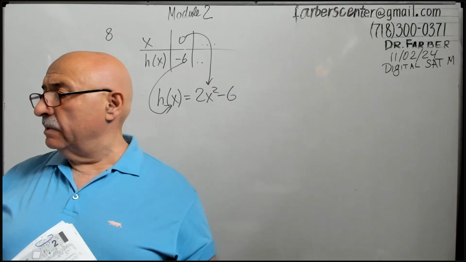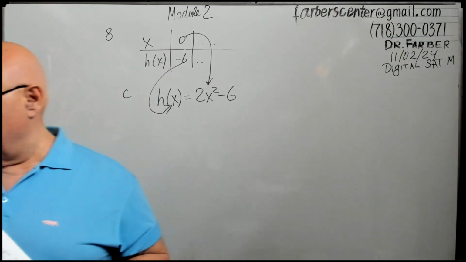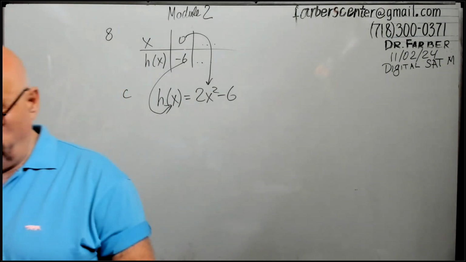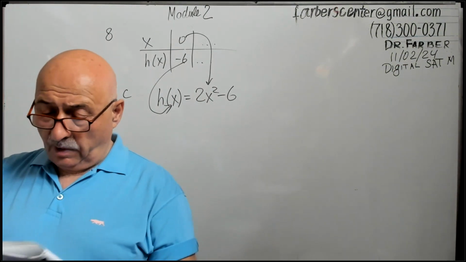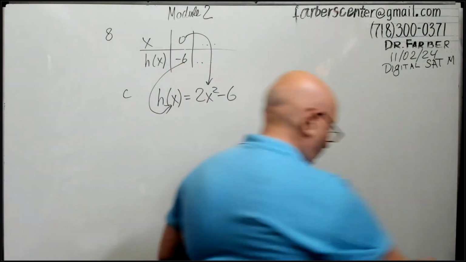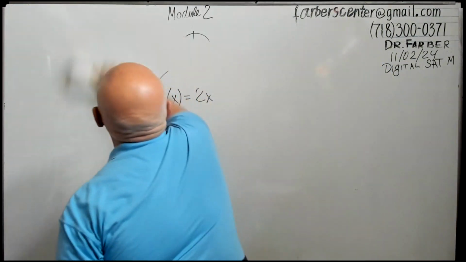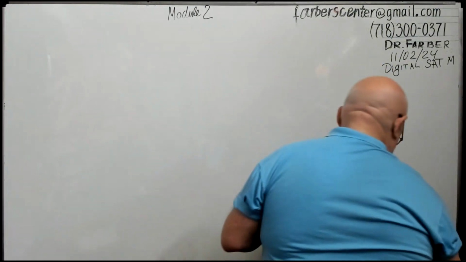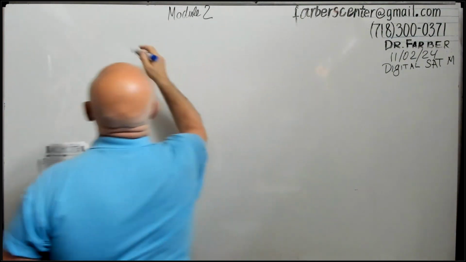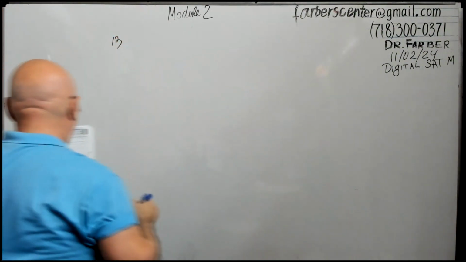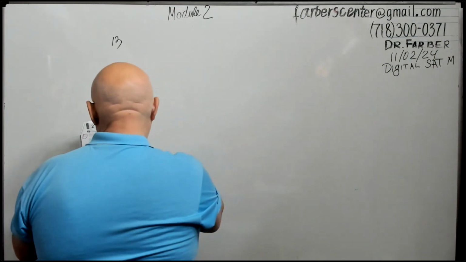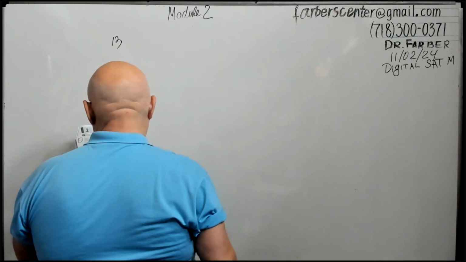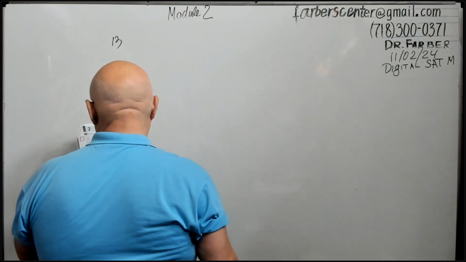Next is, based on your questions, number 13. In 13, you have a table with different fruits, 120 fruits.